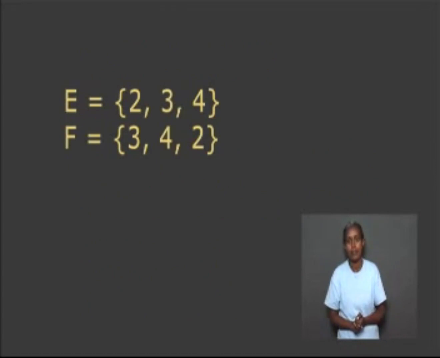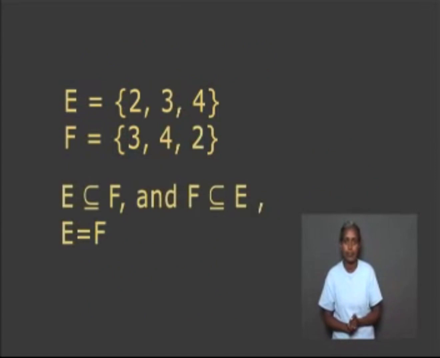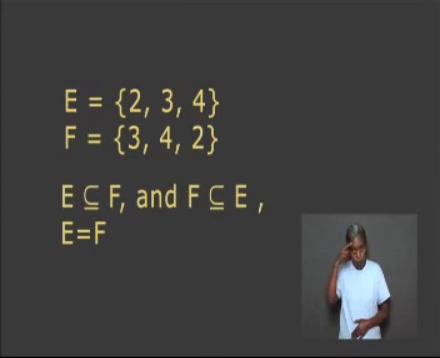Let E be the set of elements 2, 3, and 4. F is the set of elements 3, 4, and 2. Because E is a subset of F, and F is a subset of E, we can say that E equals F.